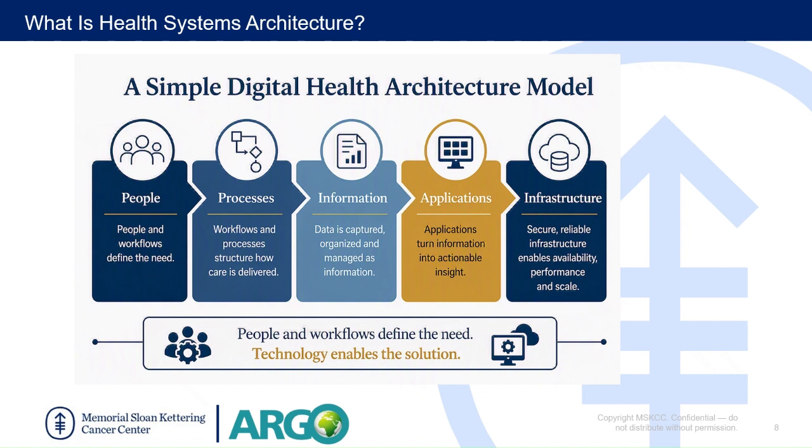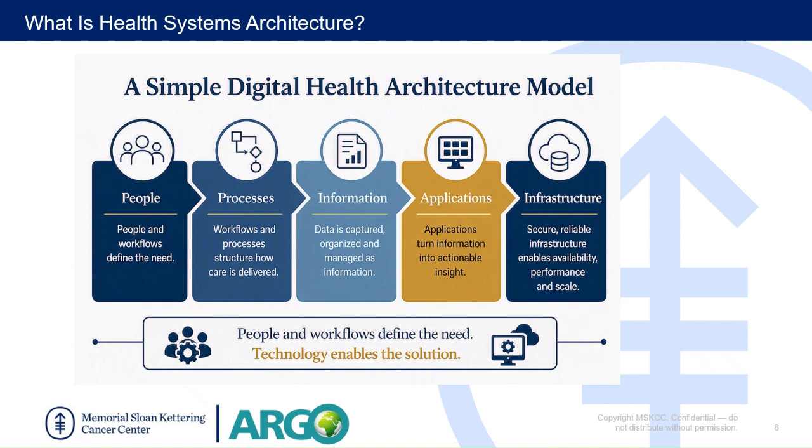Now, considering the typical district hospital we've used as an example that is implementing OpenMRS, the layers include, just to mention them: the people, the processes, the information that people generate using those processes, the applications they use to generate that information, and finally, the infrastructure that keeps the whole system available and functioning.